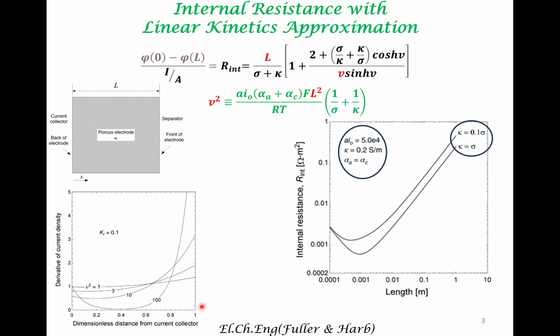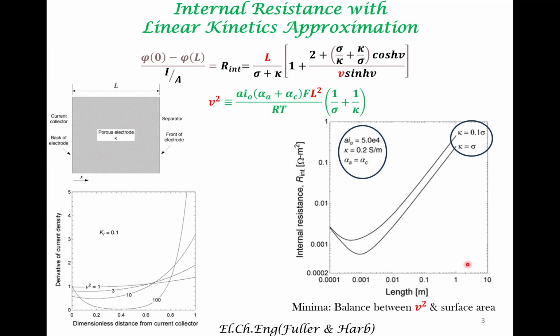So the main take-home message here is, in order to balance the constraint of surface area and the constraint of resistance, the non-uniformity in reaction rate, both these quantities have to be balanced to obtain a minimum in the internal resistance. For small thickness, you suffer the penalty of having very little surface area.